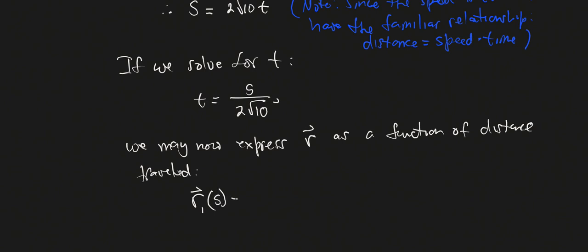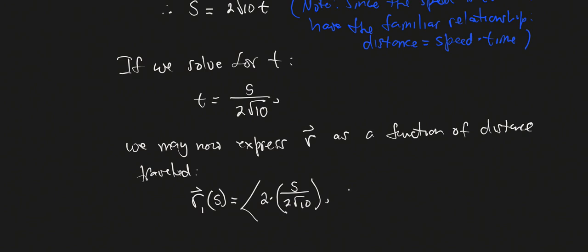Well, r of s: just go back to our original vector function, and wherever we have a t, just replace t with the expression s over 2 root 10. So the first component was 2t. Now I'm going to write 2 times s over 2 root 10.